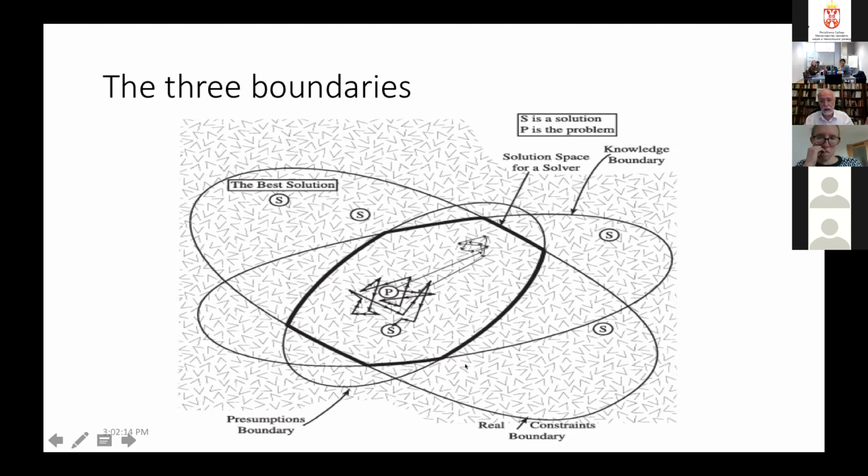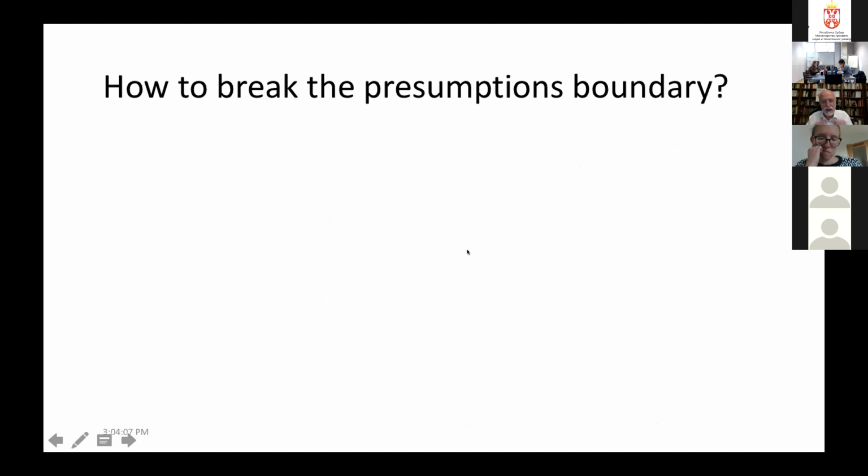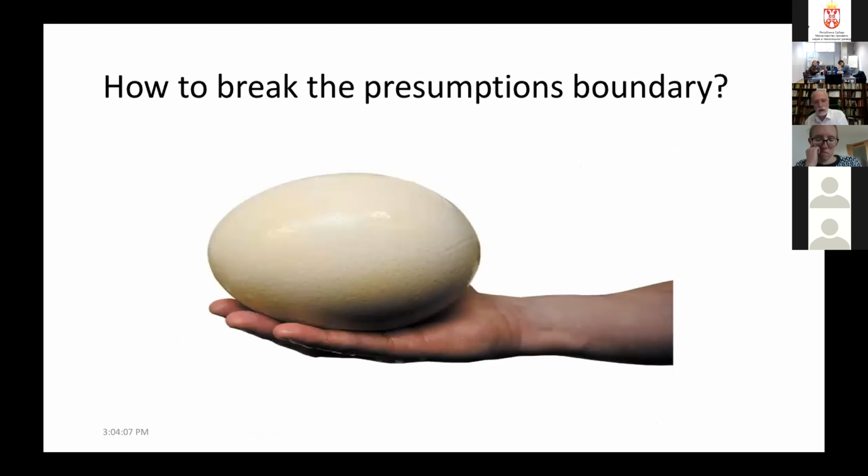That's why I told in the beginning that what you believe most is the first thing to be re-examined. That is getting out of the box. And imagine that it is in fact the ostrich egg.